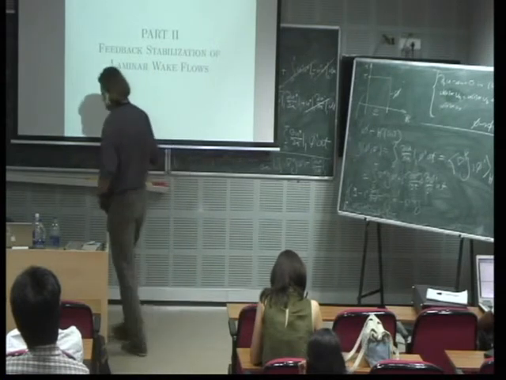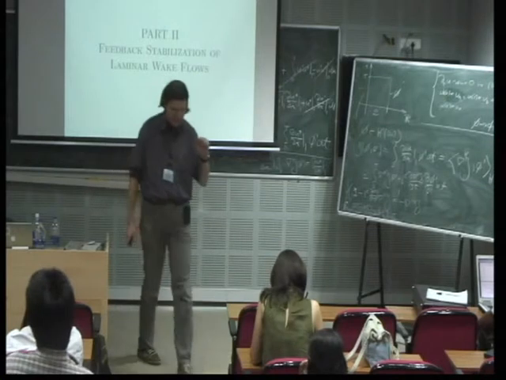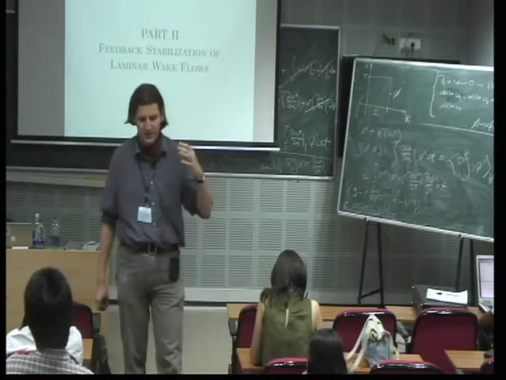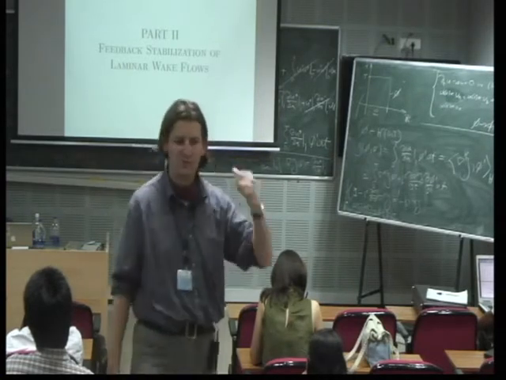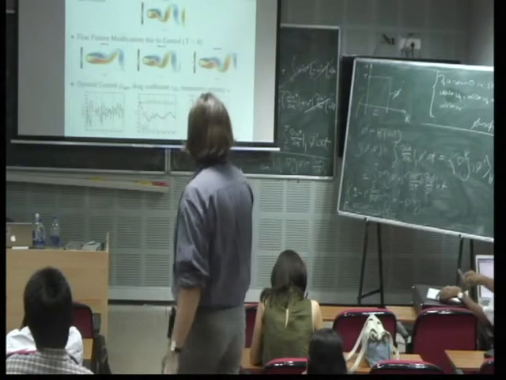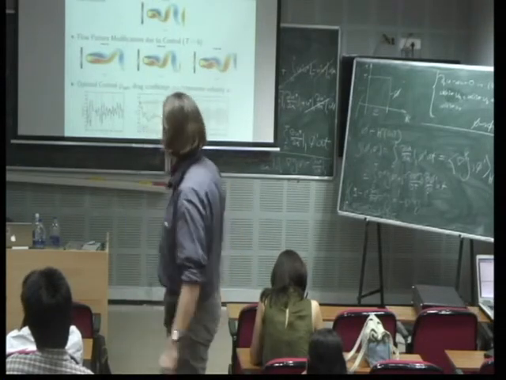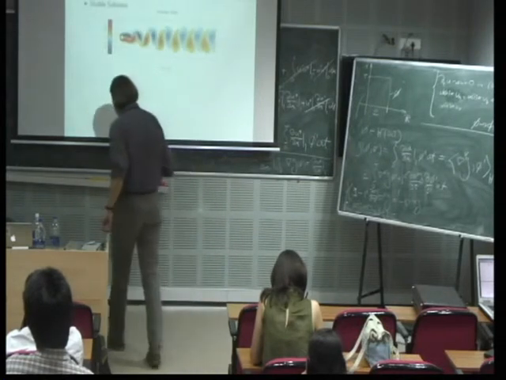Okay, so the first part concerned the use of PDE constrained optimization techniques to determine open loop controls. So what we found here were open loop controls like this. Now, what I would like to do is switch gears a little bit and consider the feedback stabilization problem.